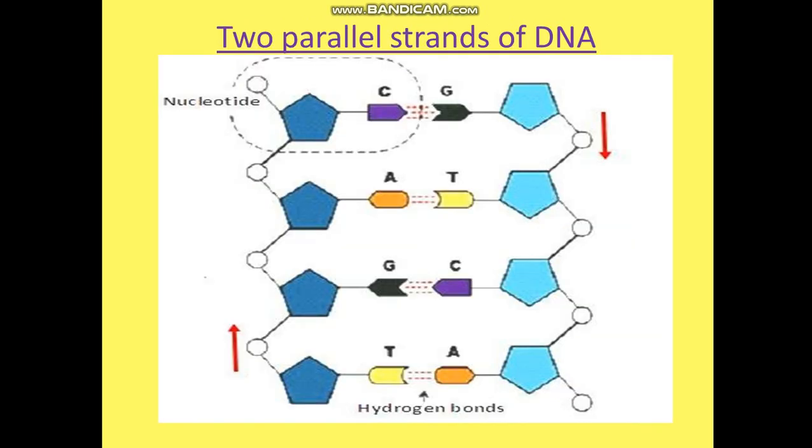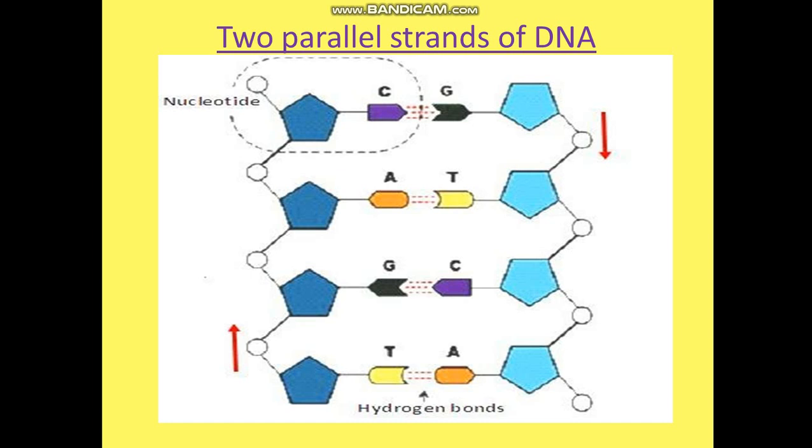Now, two parallel strands of DNA, which I told you, see in this diagram, you will understand more. Here, what happens? In the first strand, you can see the dark blue color pentose sugar and phosphate, bound with the C. C is the cytosine. Now, on the other strand, what is there? The guanine is there. Guanine is bound to the pentose sugar, and if you compare the structures of the pentose sugar in one strand to the other strand, you will come to know that it is appearing to be opposite in structure. That is, it is anti-parallel.